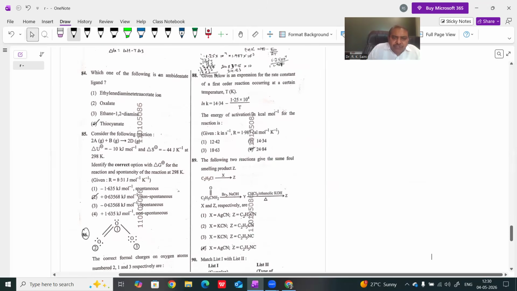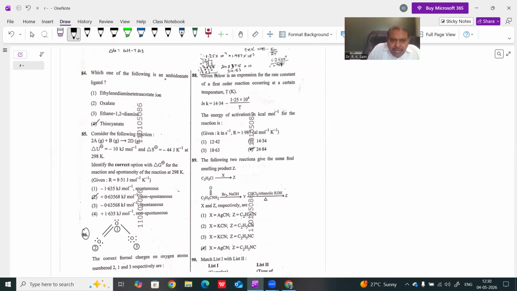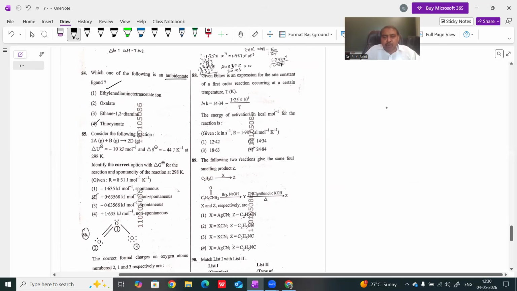Question 84. Which of the following is an ambidentate ligand? We know that ambidentate ligands are those which contain more than one type of donor atom, but during the formation of a bond with the metal atom, all donor sites are not simultaneously attached to the metal atom, and hence such ligands are known as ambidentate. For example, cyanide and isocyanide.